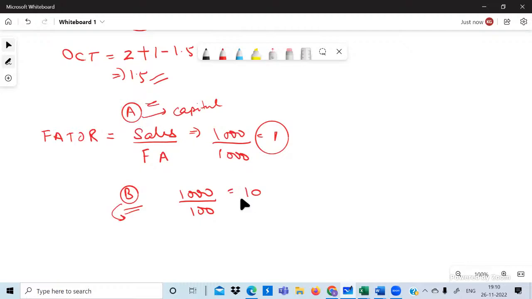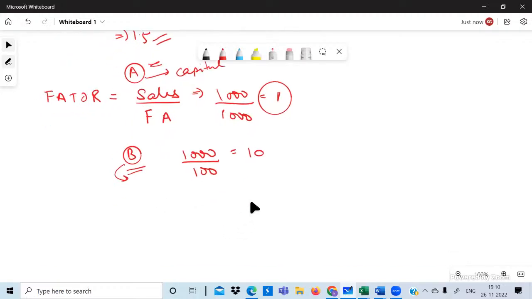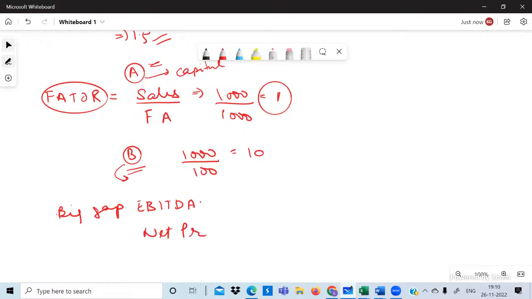Now, if you remember, we discussed something in the earlier session. Companies which have a low fixed asset turnover ratio will tend to have a big gap between the EBITDA margin and the net profit margin compared to companies which fall in the B category.